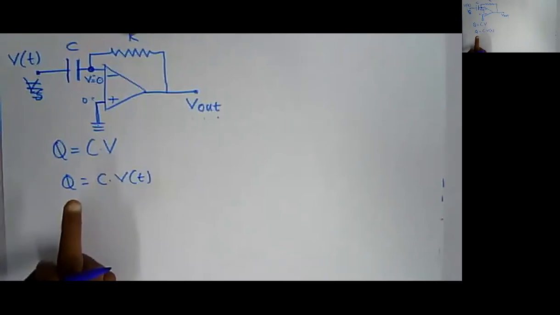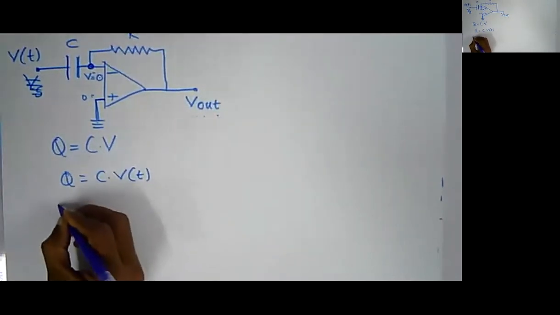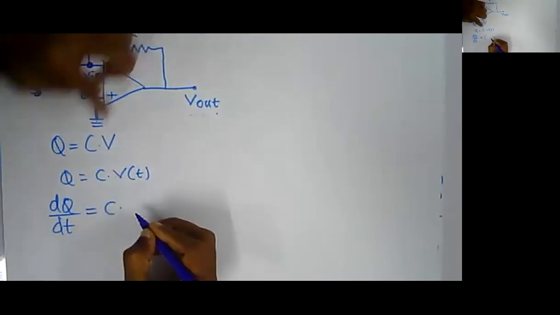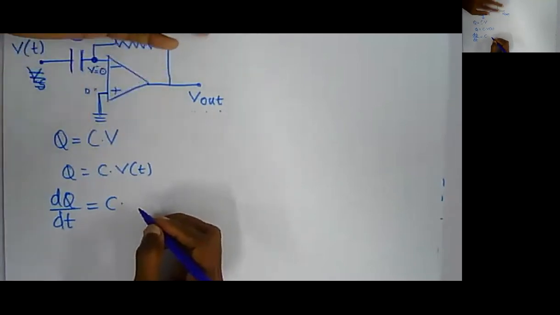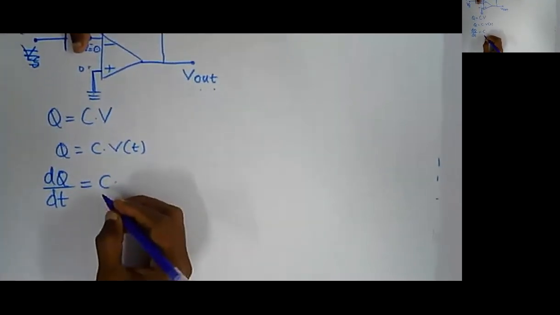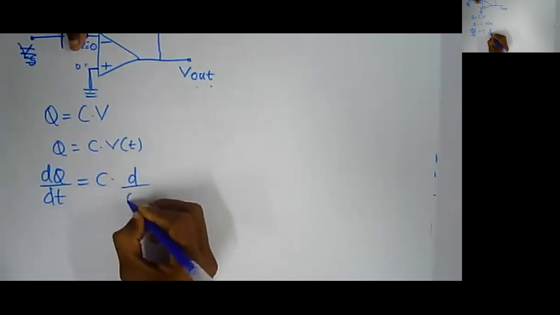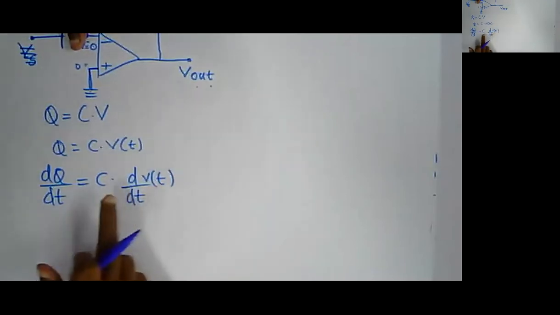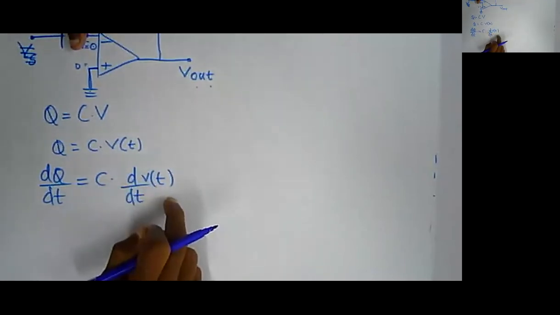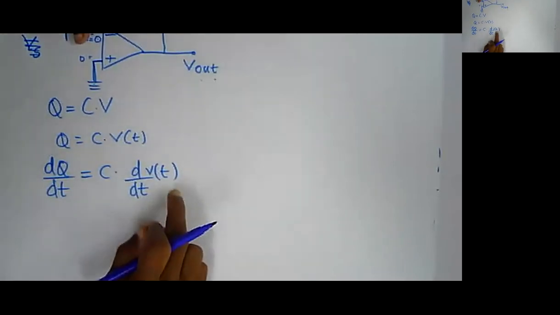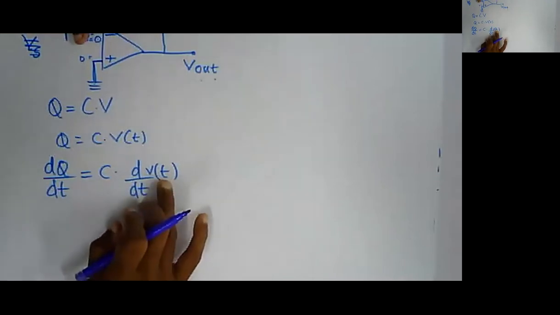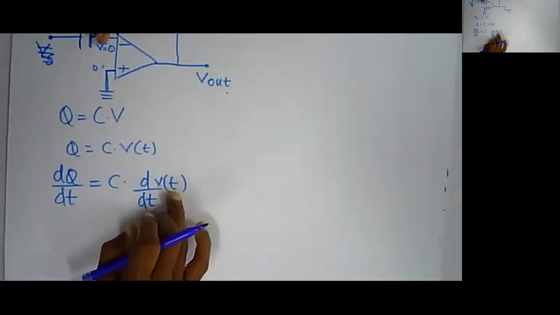Just differentiate both sides with respect to time. I can write dq by dt equals C into d/dt of V of t, because C is a constant, whether millifarads, microfarads, or whatever. I am just differentiating with respect to time, since the input voltage V is a function of time.